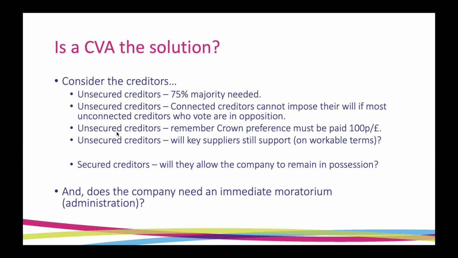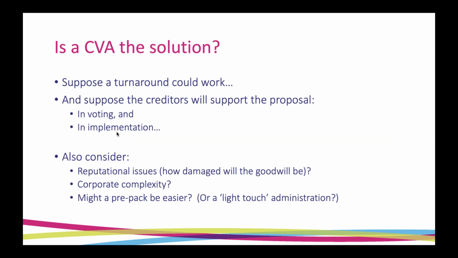Now, if having looked at all of those, it does look as if the business could work in a CVA, I think you then need to look at the creditors. And the obvious thing to look at, of course, is the need for a 75% majority of unsecured creditors, and also the statutory need for us not to be depending upon connected creditors to be forcing through the CVA against the wishes of a majority of independent creditors.